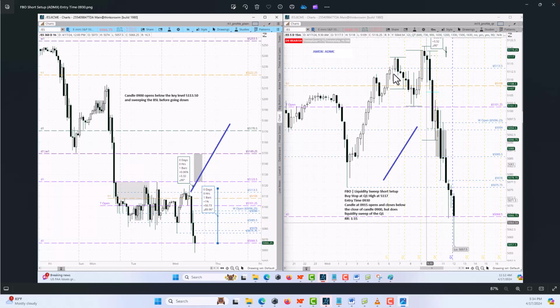But when it does show up, it matches perfectly the model that we're looking for, which is AMDX: accumulation, manipulation, and distribution. X can be C, which is continuation, or R, reversal.